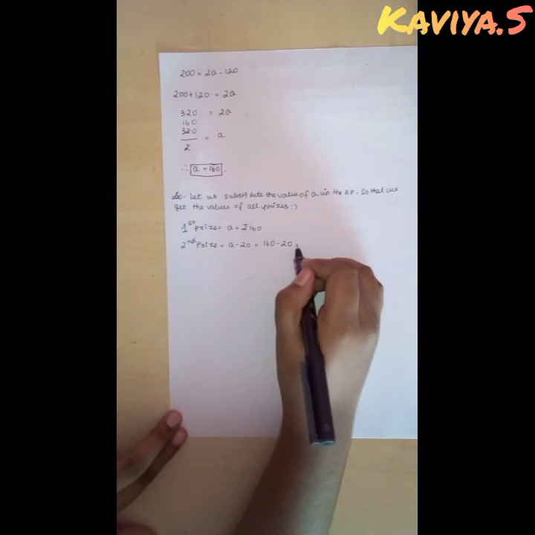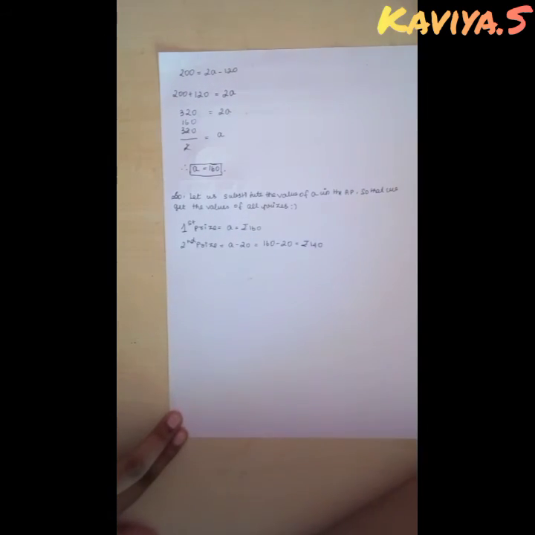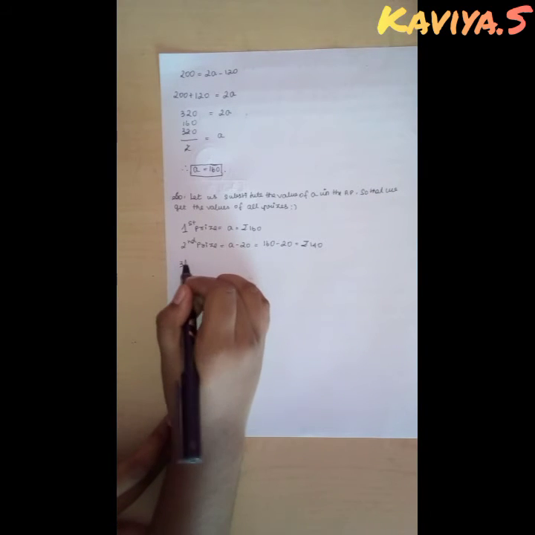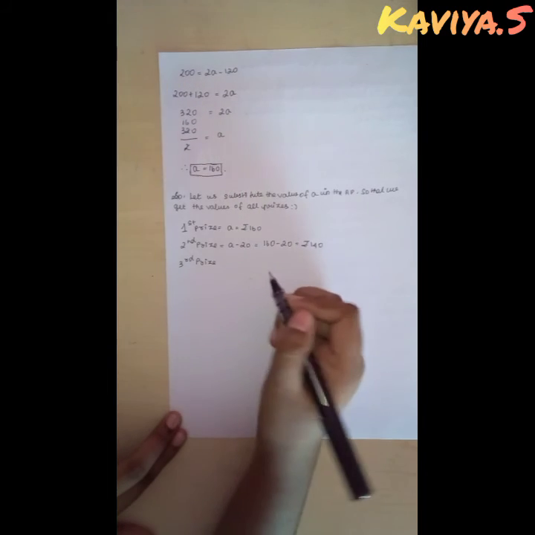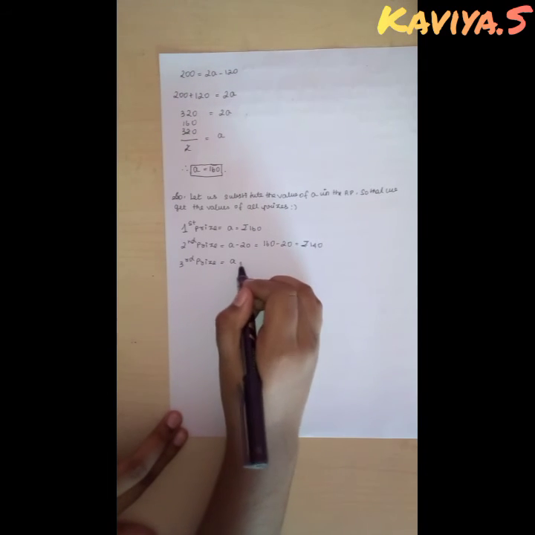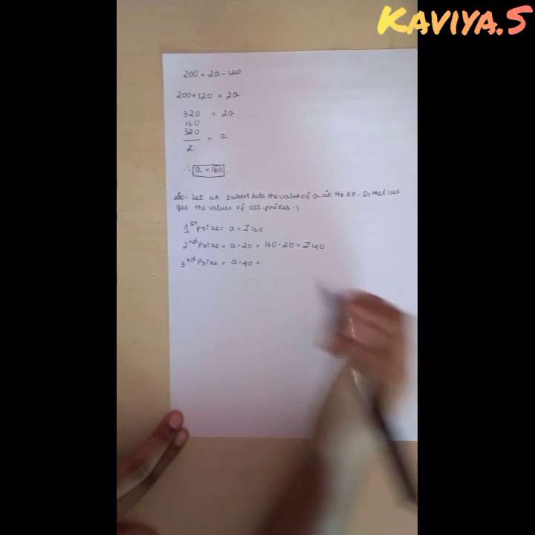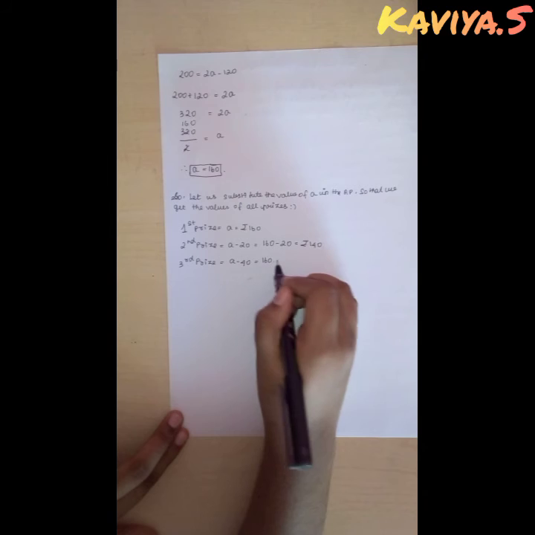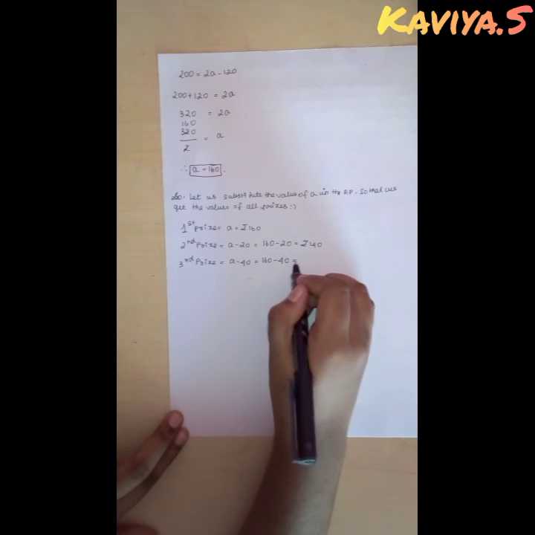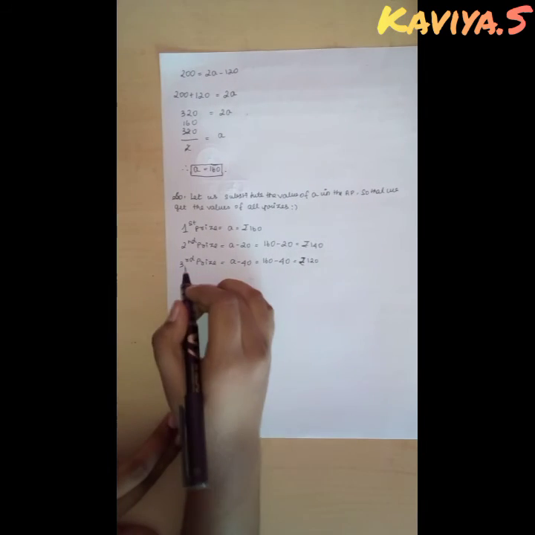So 160 minus 20, we get rupees 140. The third price is a minus 40. So 160 minus 40, we get rupees 120, and it goes on for all the prices.